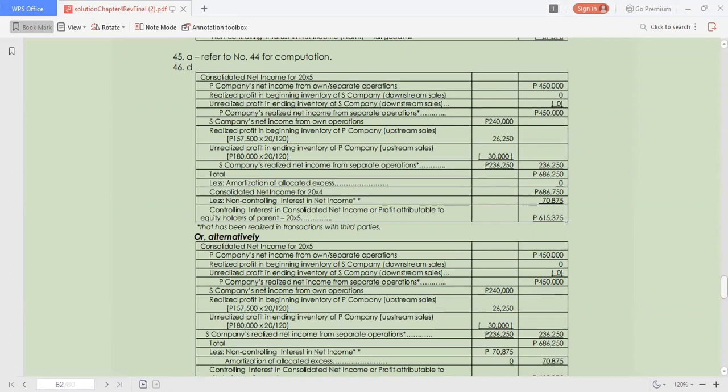That's for 20x5. What will be the income assigned to the controlling interest for 20x4?